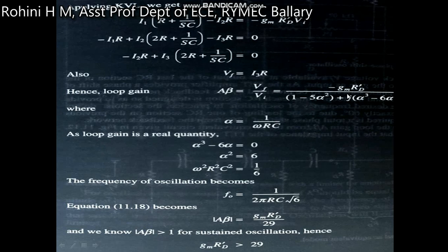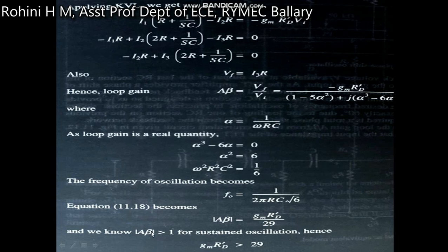The numerator is GM RD dash. In the denominator we are not considering the imaginary term, which is 0: 1 minus 5 alpha square. Alpha square value is 6, so 6 fives are 30, and 1 minus 30 is nothing but 29. So the loop gain A beta is GM RD dash divided by 29. We applied magnitude, that's why we are neglecting the negative sign.